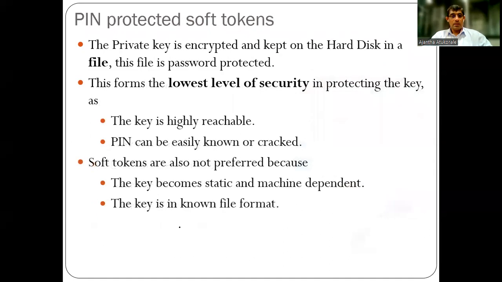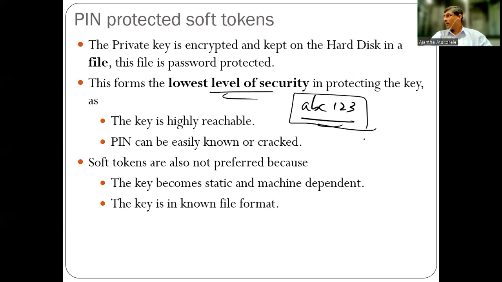I think I have a few examples here. Sometimes people put a password on a file, and if you use ABC123, that is the lowest level of security because anyone can break that. This is a very bad password, and you should never use it, but it is meant to protect this particular file which has your private key. The pin can be easily known then.